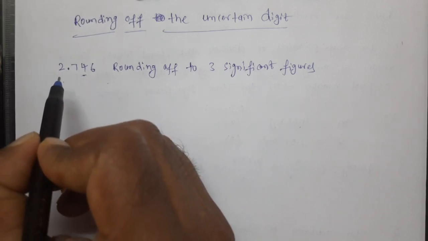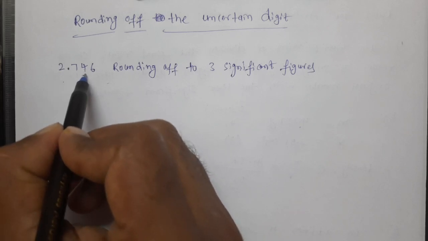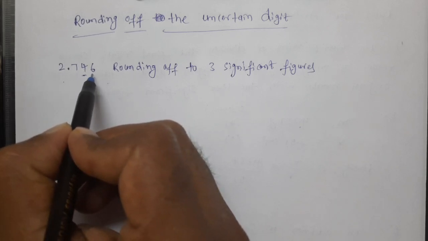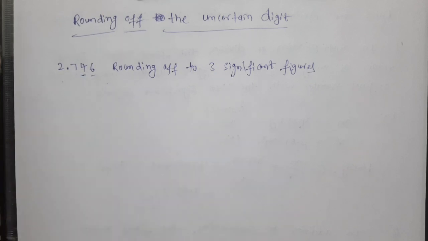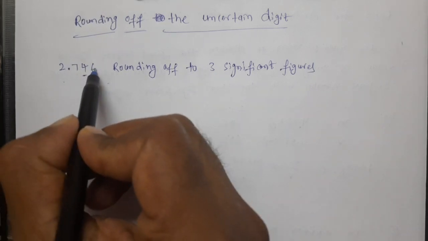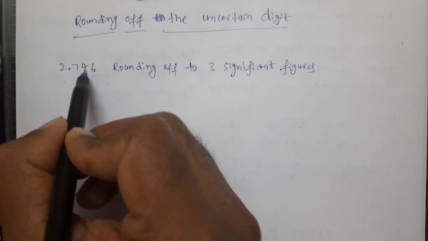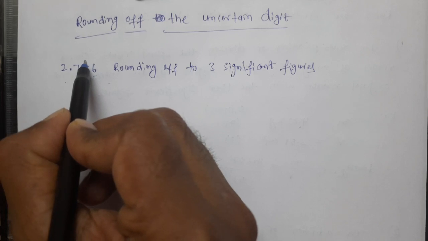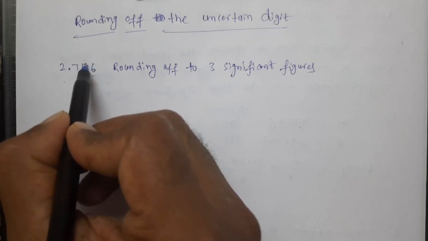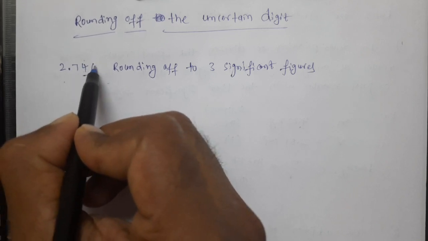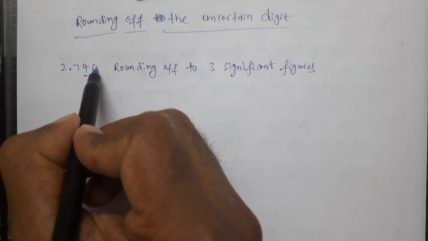So in order to round off the third digit, we have to check the fourth digit. If it is more than 5, directly we add 1 to the third digit, whether it is 4 or 5 or anything. Whenever we check the third digit, we check the fourth digit, whether it is more than 5 or less than 5.